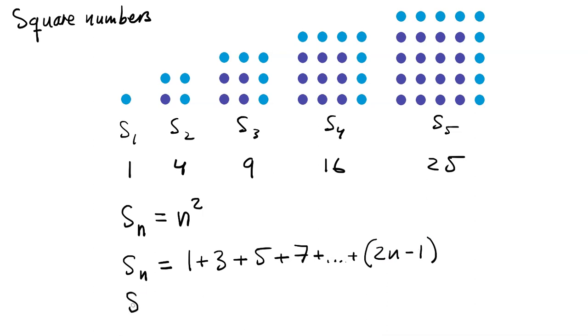For example, S4, that's square number 4. Then you have to take 1 plus 3 plus 5, and then I should continue until, if I plug in 4 here, 2 times 4 is 8, minus 1, 7. So I continue until 7. So if I add the first 4 odd numbers, since it's square number 4, the sum of these is equal to the square of 4, which is 16.